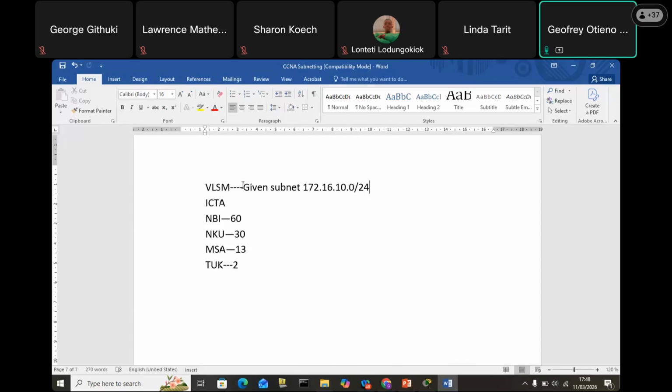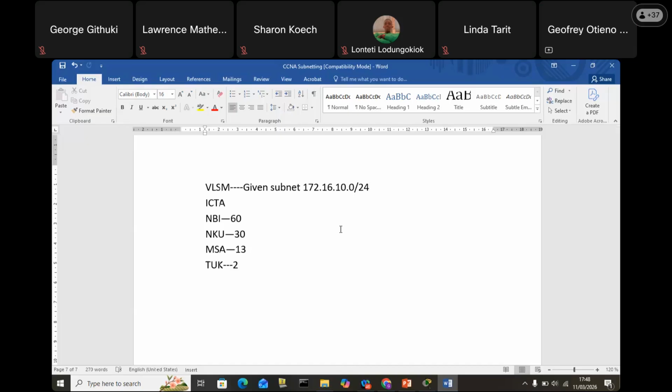The ISP has no control as long as they have provided you with your subnet. It is you now to decide. Assuming your manager has requested you to assign these computers as follows: Nairobi 60, Nakuru 30, Mombasa 13, and Turkana 2.